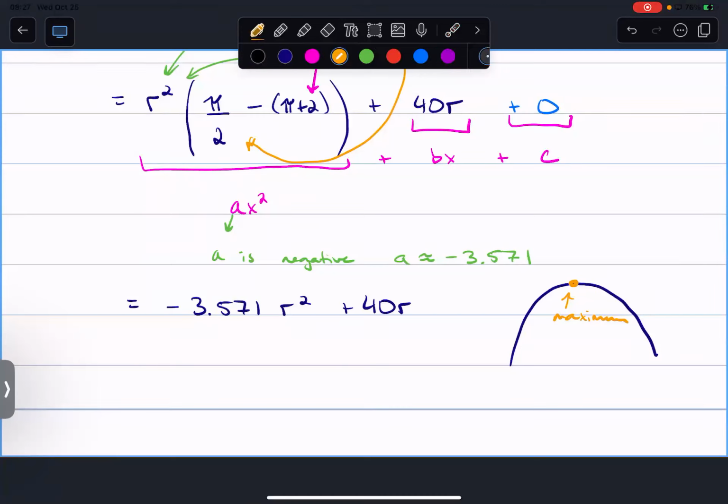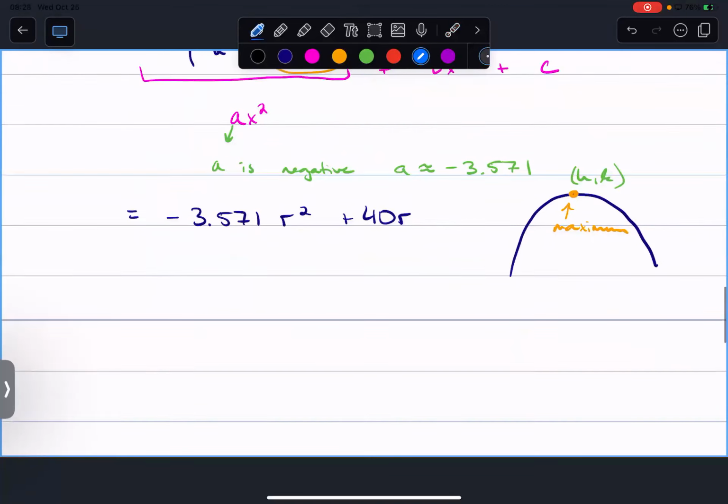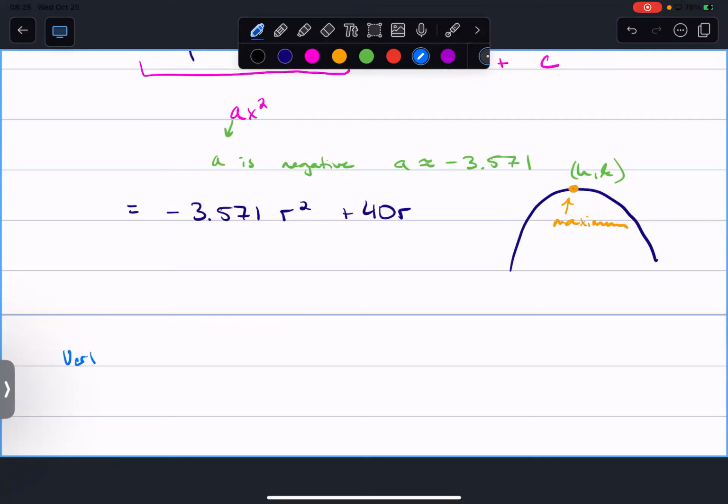And so let's see here. This happens at (h, k), which we can find by, so if we need to find the vertex, is at h equals negative b over 2a, pretty sure.